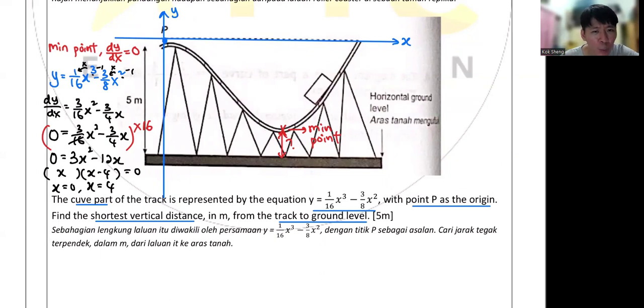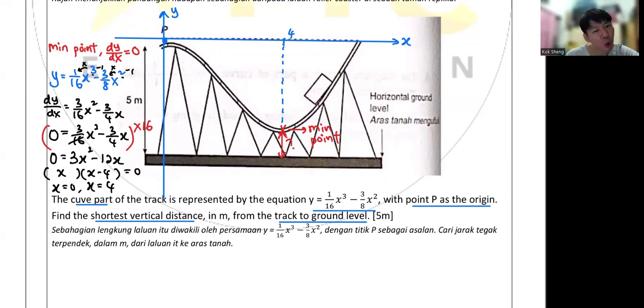But the one that we need to use is 4, right? It's not 0. We have to use 4. You can see the place here because this is your x and y axis. So this x coordinate must be 4. So use a 4 to find a y.